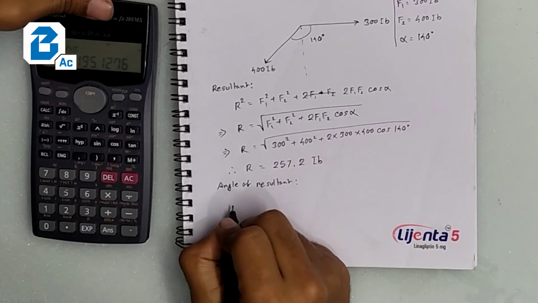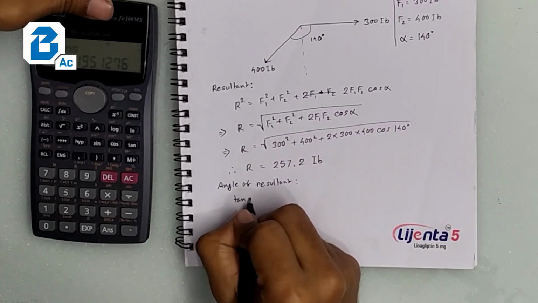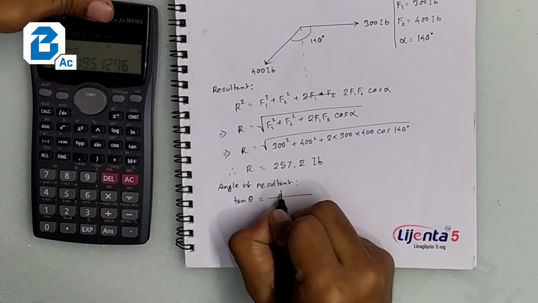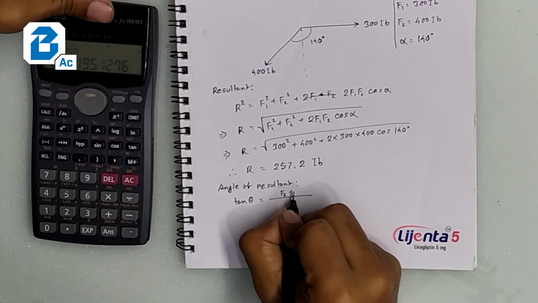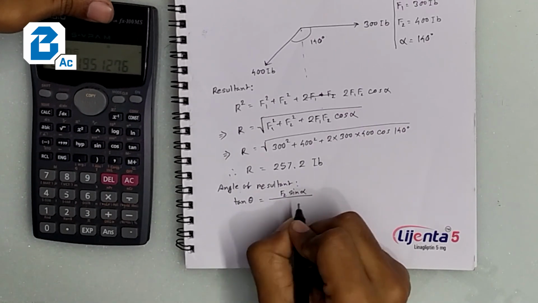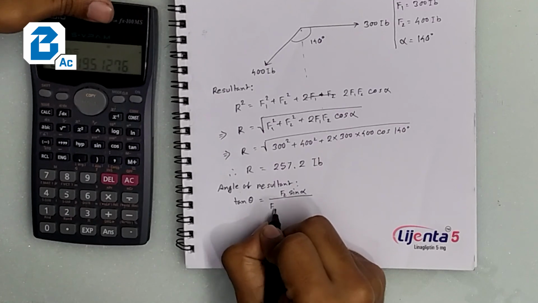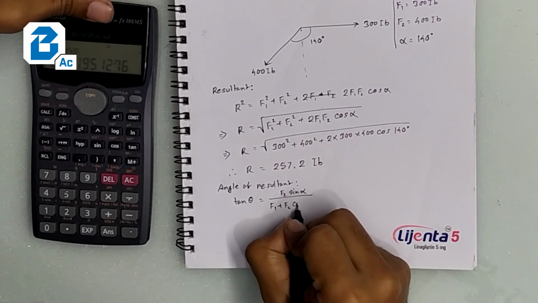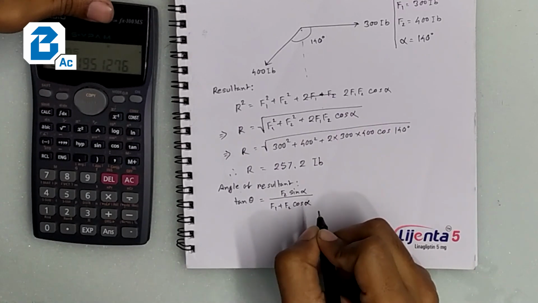Here the formula is tan theta is equal to F2 sin alpha divided by F1 plus F2 cos alpha.